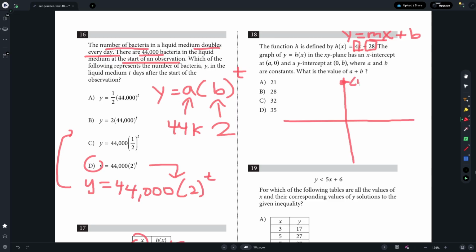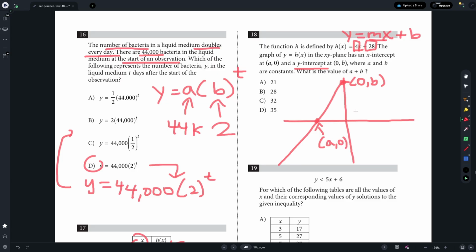And this point is also 0, b, because the y-intercept is at 0, b. And if the slope is about 4, it's increasing, right? Let's say this is our line here, and obviously it goes farther. This point right here is a, 0, right?